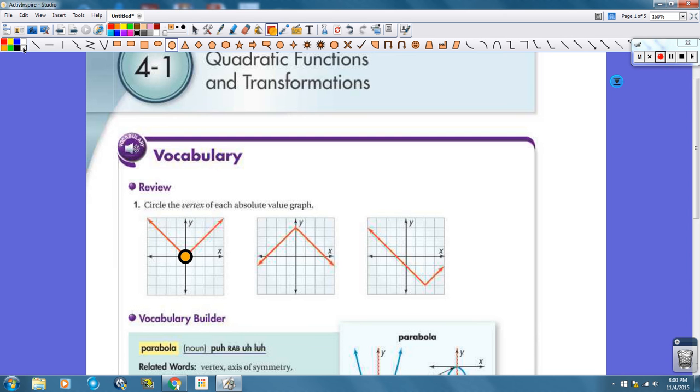Alrighty. And then here, it's right here. That's what I want. Okay, let's undo that. And I got what I wanted. There we go. And then I got another vertex right here.